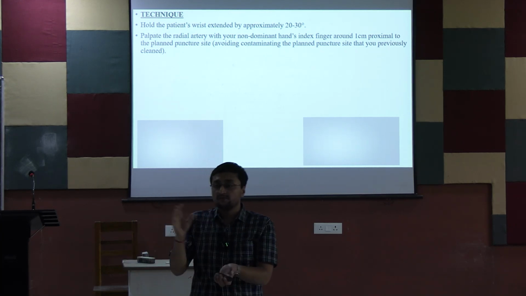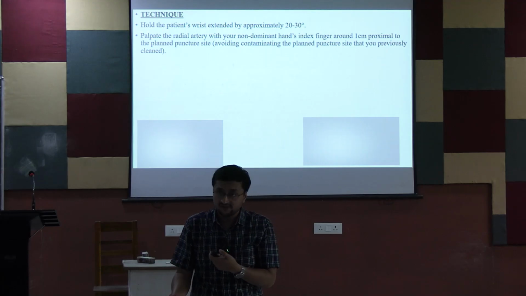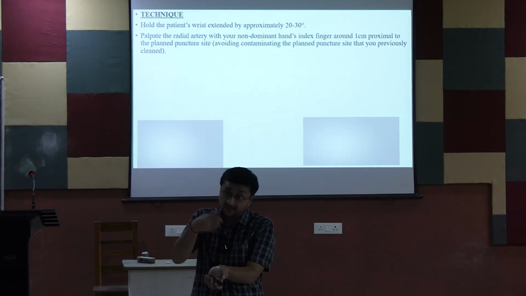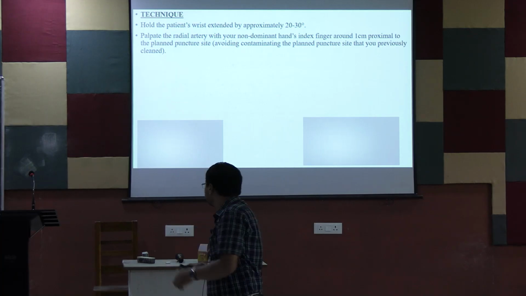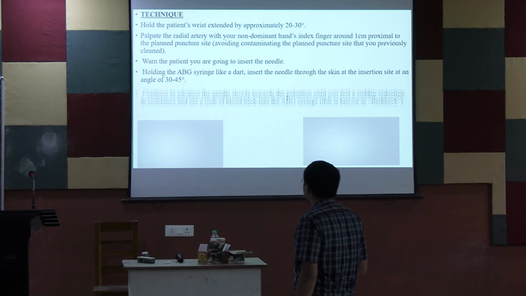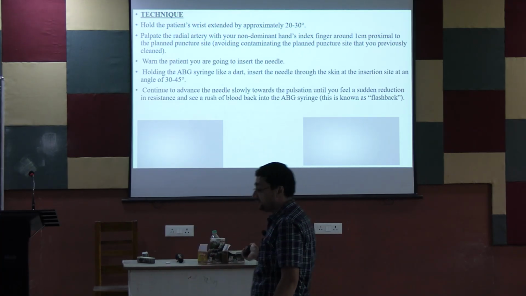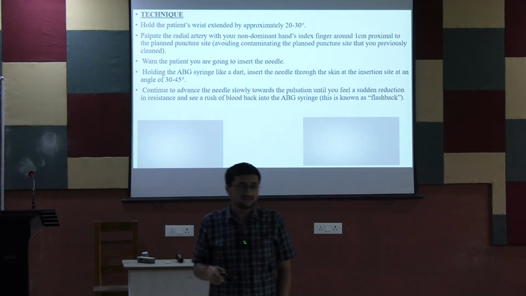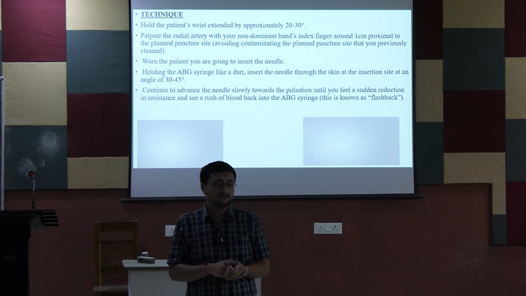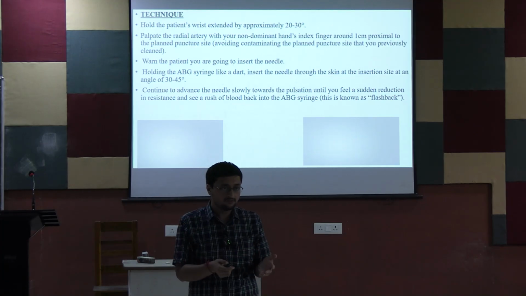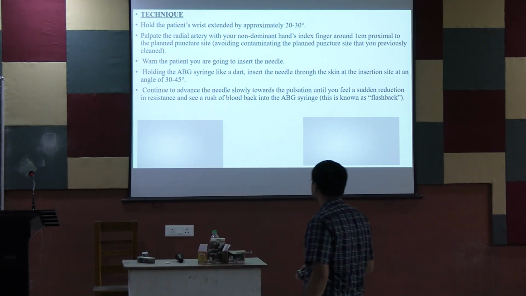Okay, অনেক সময় প্রেসার যদি অনেক বেশি থাকে পেশেন্টের, তাহলে you can feel the pulse also, pulsatile nature. And always, this is very important before doing any surgical procedure, always clean the site, and this is already you know from your surgery class.